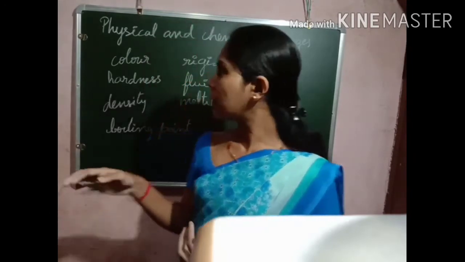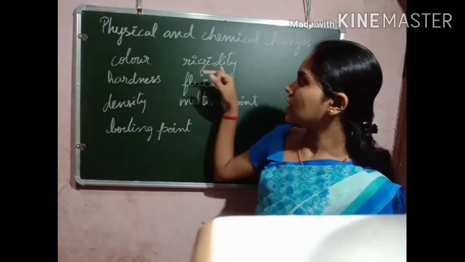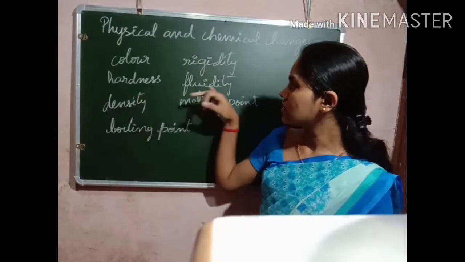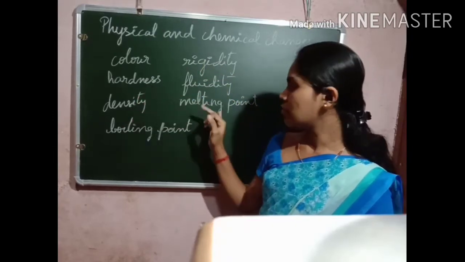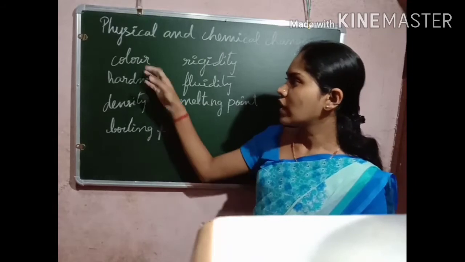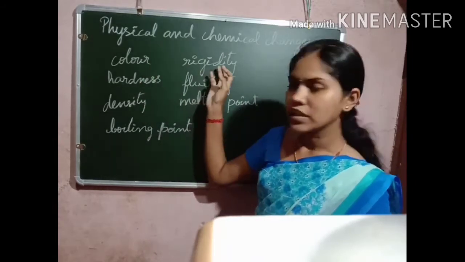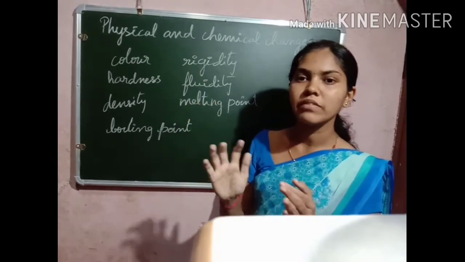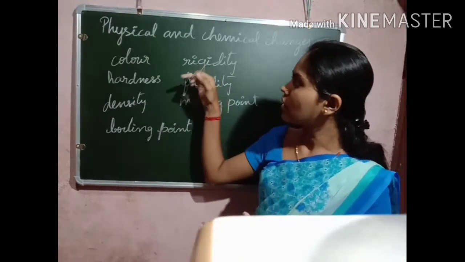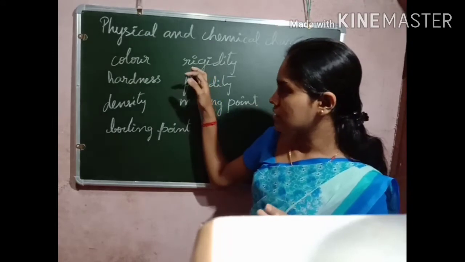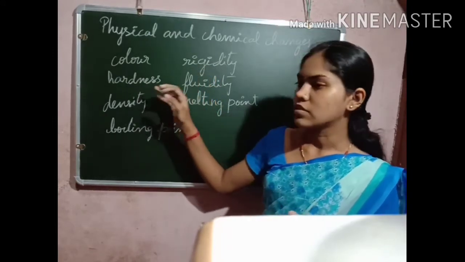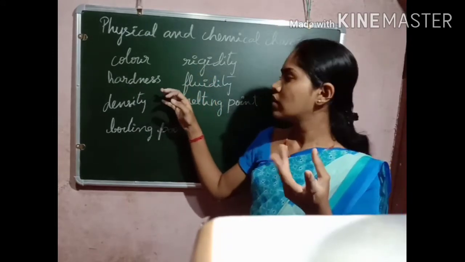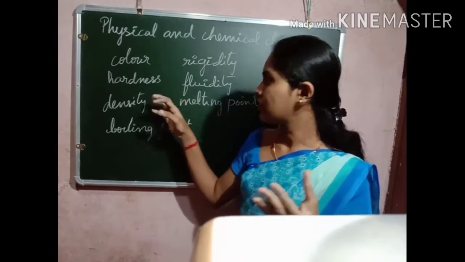The physical properties of matter include color, rigidity, hardness, fluidity, density, melting point, boiling point. Okay, color of the thing, then rigidity. Rigidity means whether it is flexible, whether you can change the shape, or whether it will remain in the same shape, or hardness, whether it is soft or hard or rough, like that.